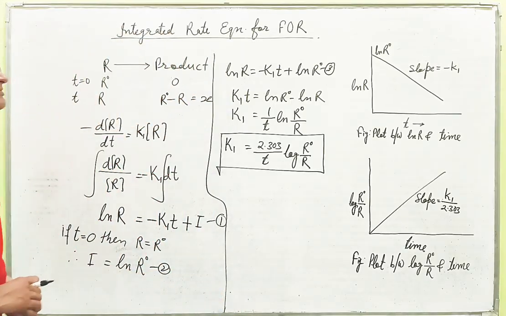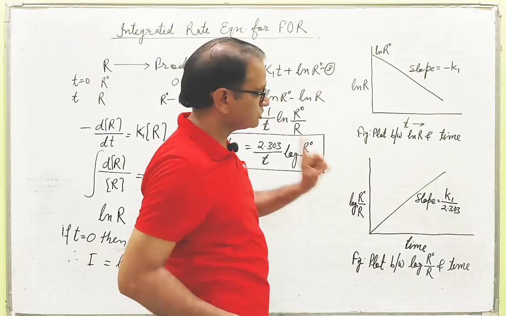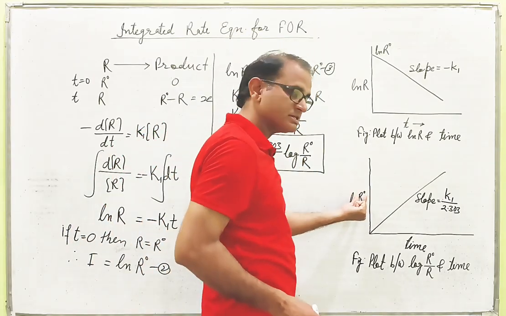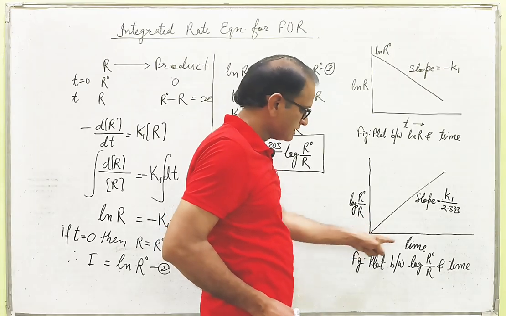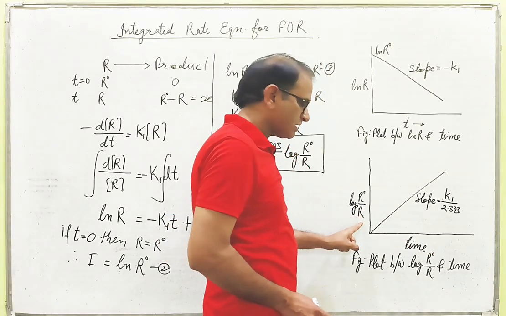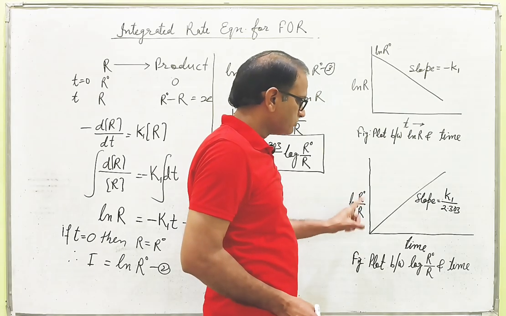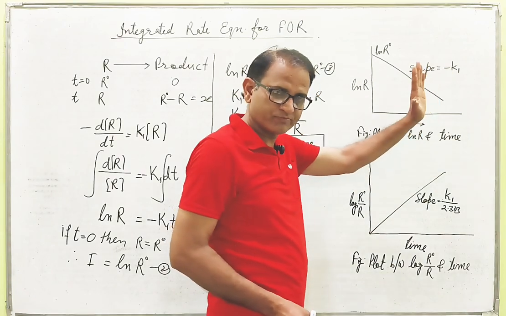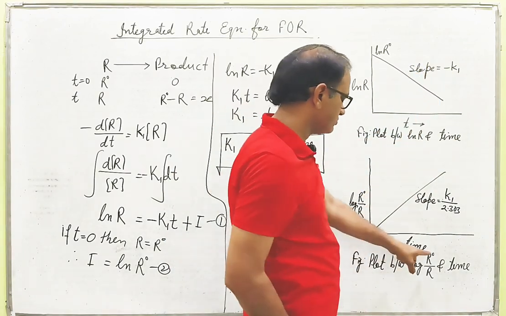If we plot a graph between log base 10 R naught upon R, R naught means initial concentration, R is concentration at time t. So with time the concentration of R will decrease, hence the value of log R naught upon R will increase, and that is why we will get a positive slope. Am I right? And log R naught upon R versus your time.